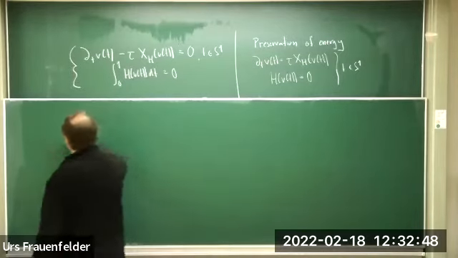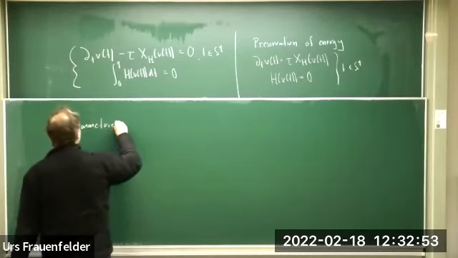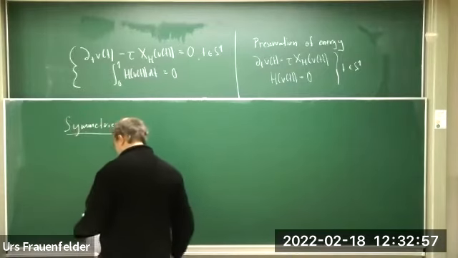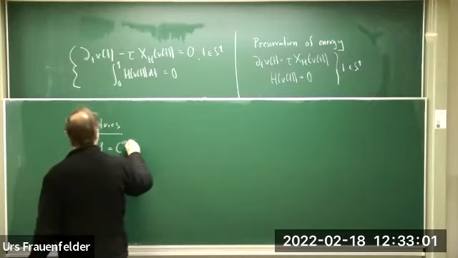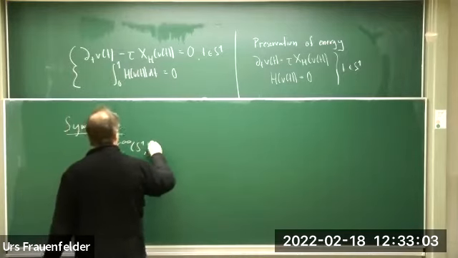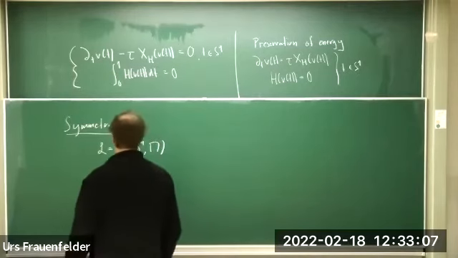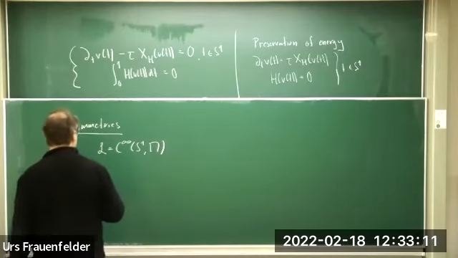So this free loop space is kind of a fantastic space because it has so much structure. So here I have the free loop space of N, and there we have, let's say, three interesting actions.